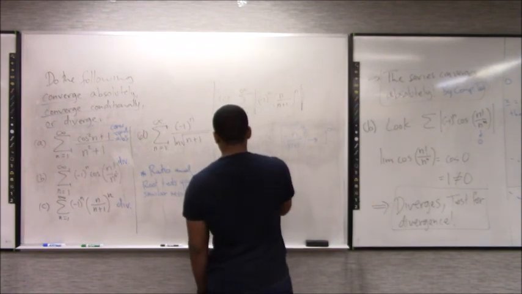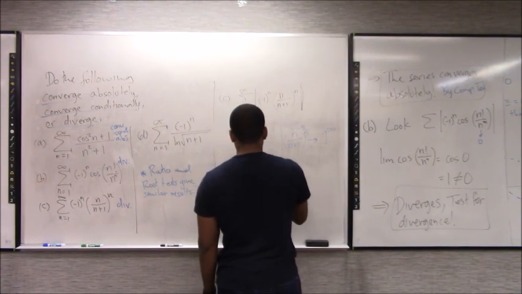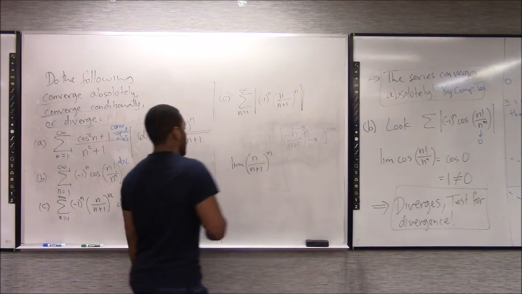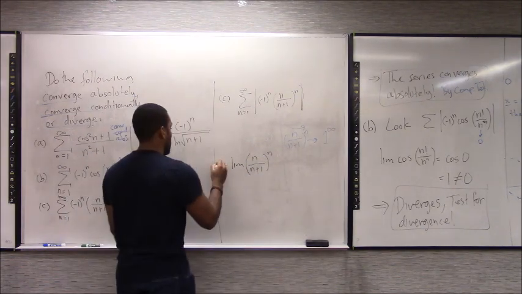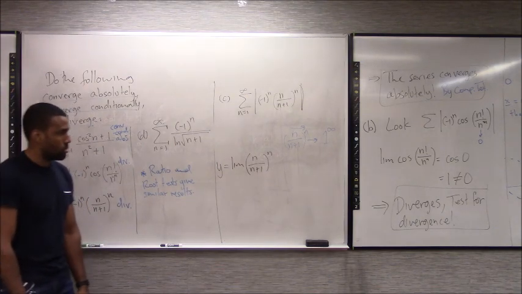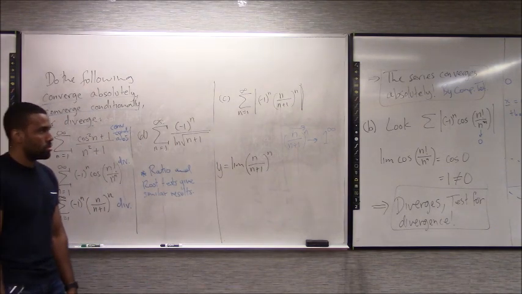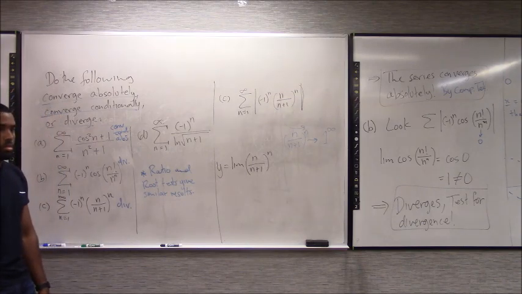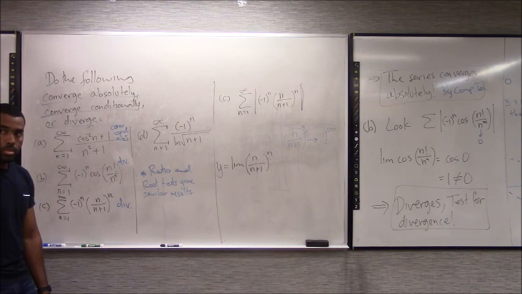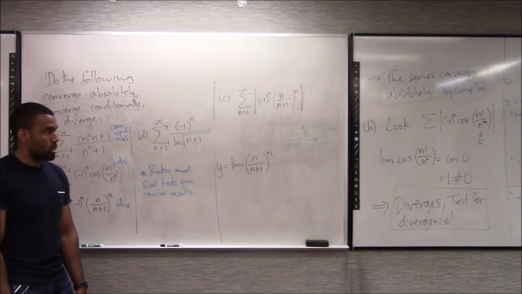So let's look at this limit. So y equals that limit, how do I find it? How do you compute that limit? You have to change it into a form of infinity over infinity or 0 over 0.